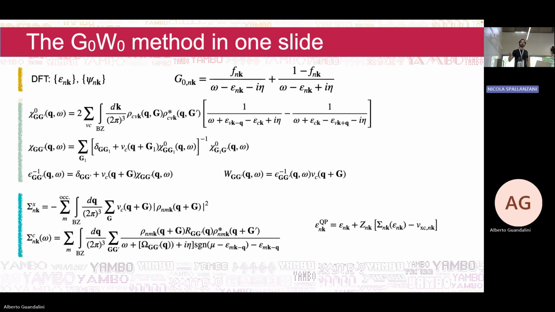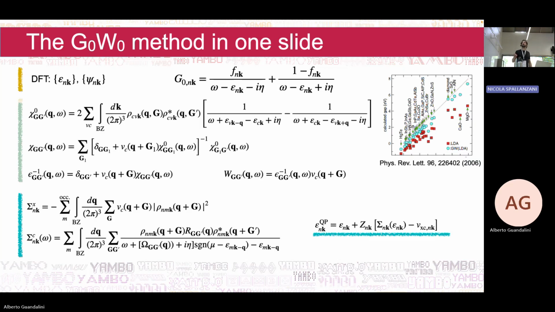The first step is to calculate the screening in G space with these equations here. Then we need to evaluate the self-energy, both this X and C, after computing the screening. And our final goal is to evaluate the self-energy at two different frequencies in order to calculate the quasi-particle correction, add it to the DFT, and hopefully reach a better agreement with experiments.